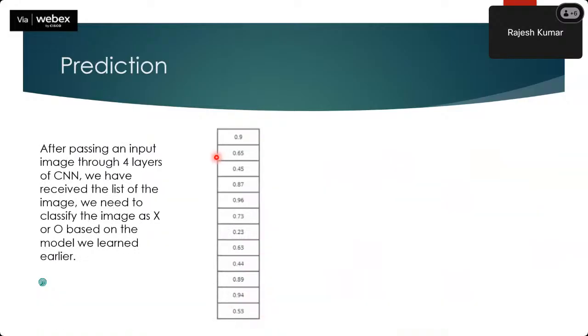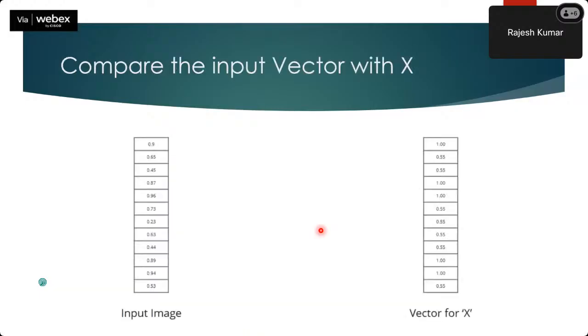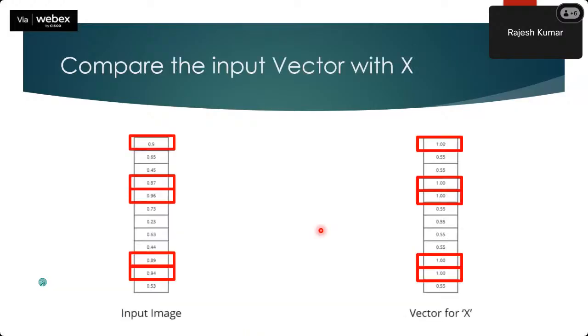So if I have some value like this, some new image, maybe a deformed image, I can compare it with this. There is a similarity. How much is the similarity? This is near to this, this is near to this. So how much similarity is there? That is exactly what the neural network will do.